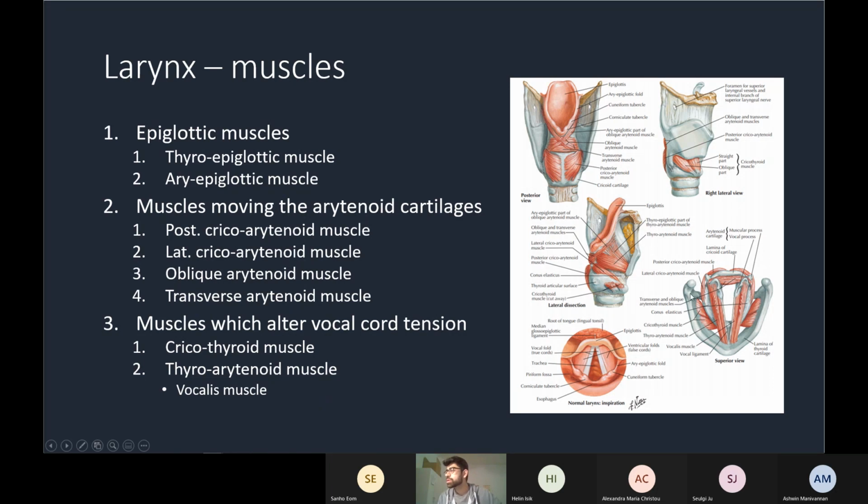So if we look at the image, we can see the arytenoid cartilages are located here. This is a superior view, so we're looking down into the throat, and this is what we see. So this is anterior, this is posterior. So the arytenoid cartilage is located here, and they can move laterally or medially, or they can actually rotate. So there is a rotatory movement.